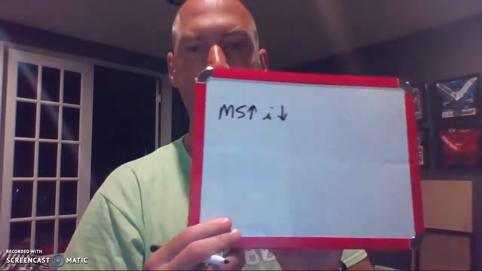So money supply goes up, interest rates go down. Basic relationship there. If interest rates go down, businesses will borrow more for capital goods and equipment and machinery and all kinds of good stuff.